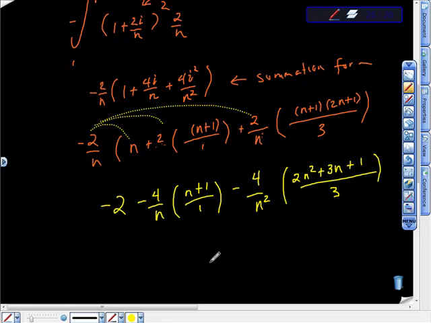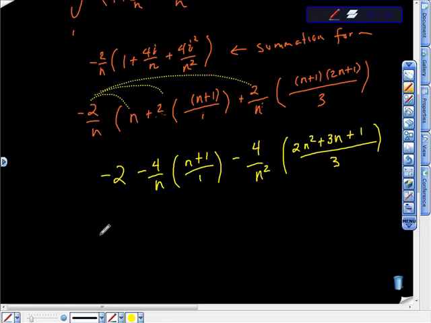I'm just going to keep expanding this out. So this negative 2 is this one, negative 2. This is negative 4n over n minus 4 over n. That makes sense? So this is negative 4 here. Then I'm going to distribute this into here, here, here, and here.